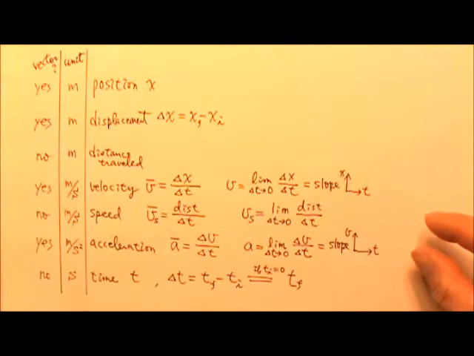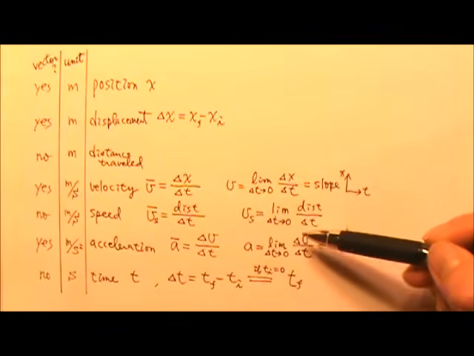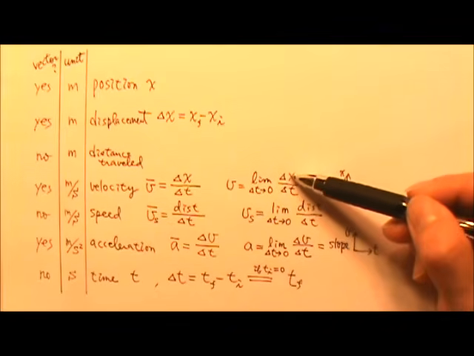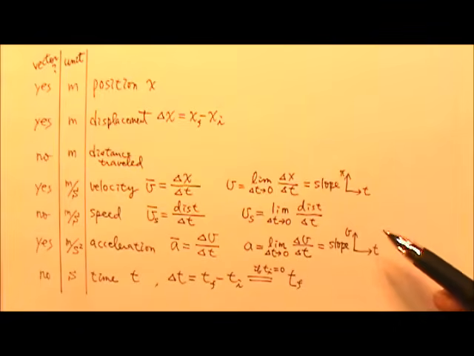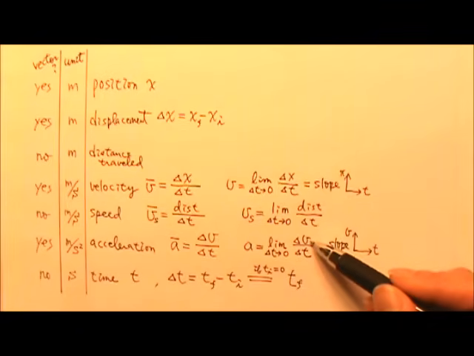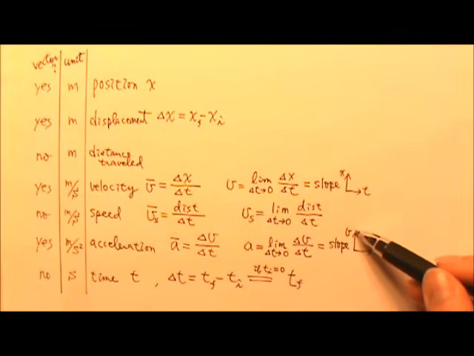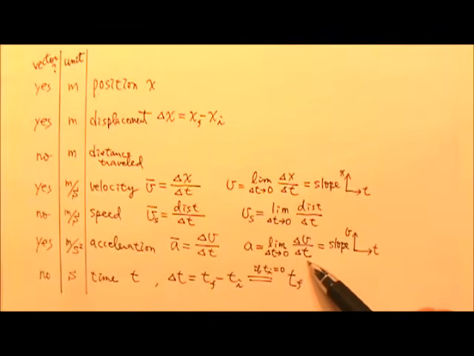So the rise over run, delta v over delta t, that's the slope of the graph. Since the rise is delta v, the vertical axis is v. Since the run is delta t, the horizontal axis is t.